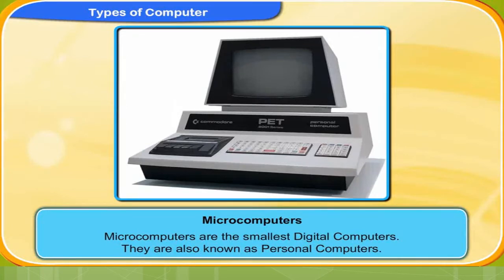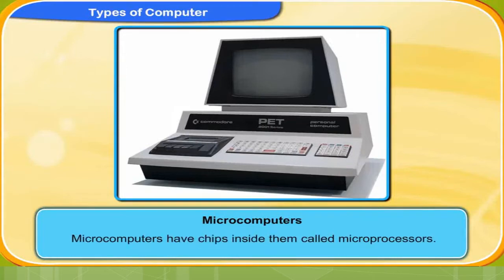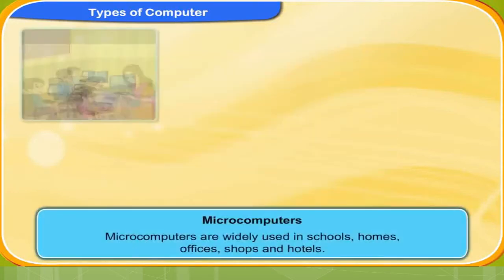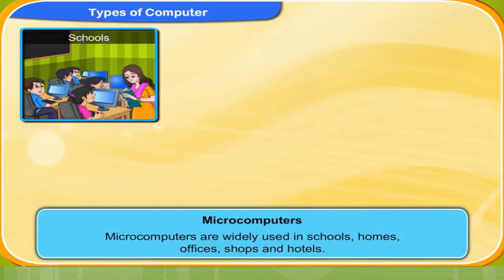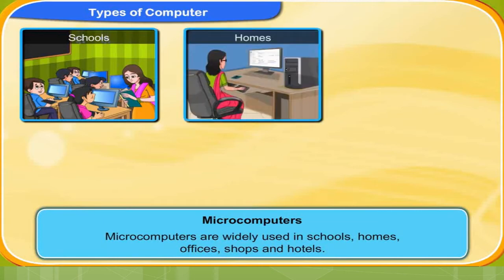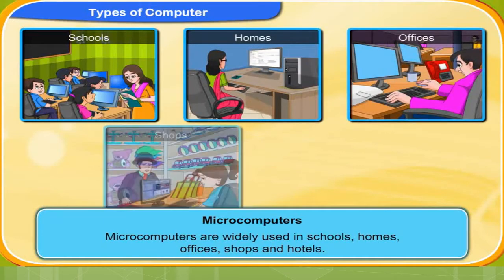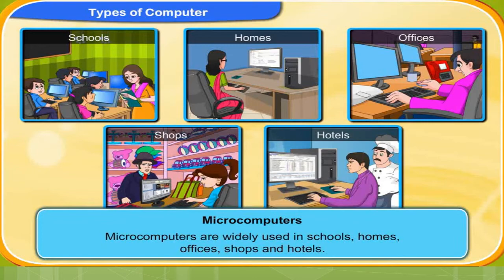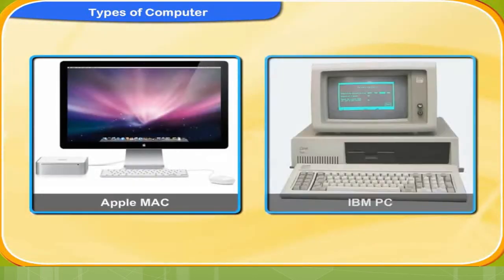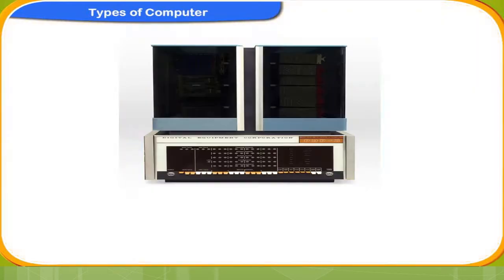They are also known as personal computers. Microcomputers have chips inside them called microprocessors. These computers are widely used in schools, homes, offices, shops, and hotels. Apple Mac and IBM PC are some of the microcomputers.